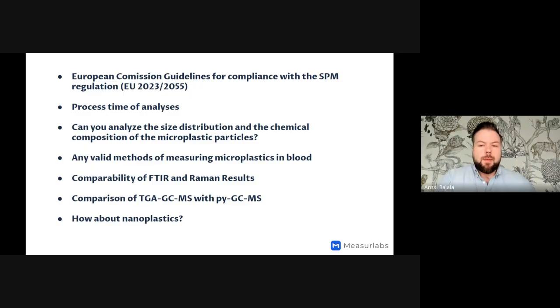They always give a bit different results. They are not completely comparable with each other, but in that kind of case, they are able to give a good combination to prove that there is a lack of microplastics in the sample.